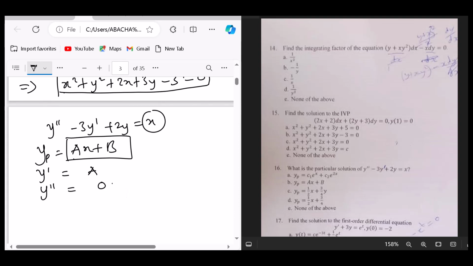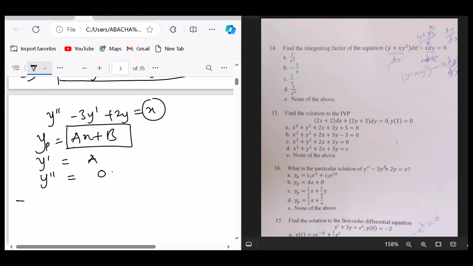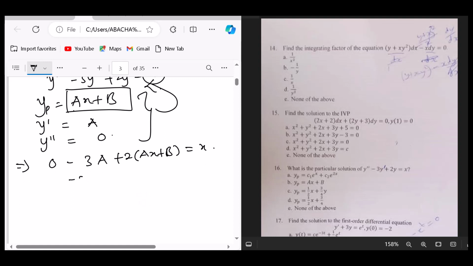So let's substitute back. We have 0 minus 3a plus 2, the y is ax plus b, all is equal to x. We are just substituting these values here into the differential equation, and so we get negative 3a plus 2ax plus 2b, all equal to x.